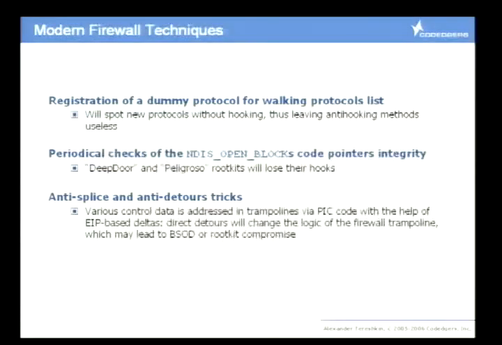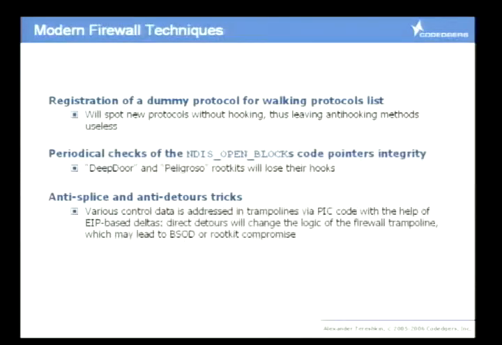Okay, we've discussed a few tricks for bypassing simple firewalls, and now we'll move to modern ones. These firewalls, in addition to the discussed techniques, also check these open block structures for code pointer integrity from time to time.